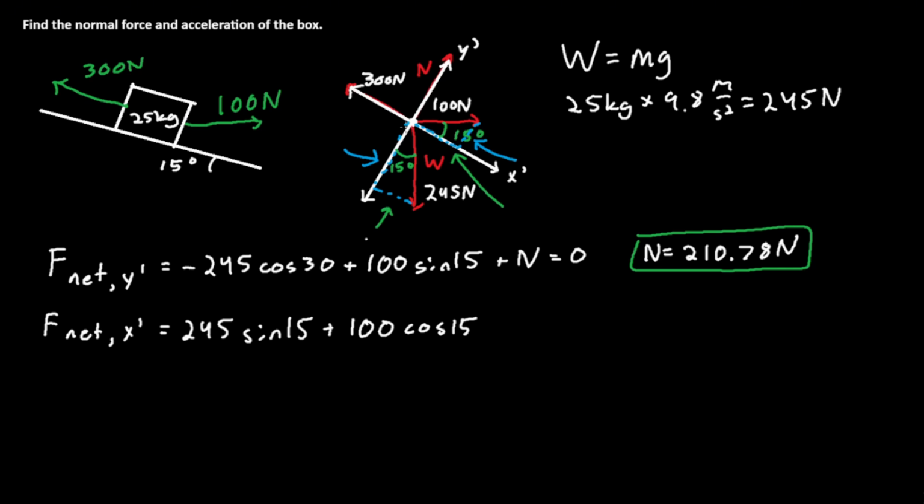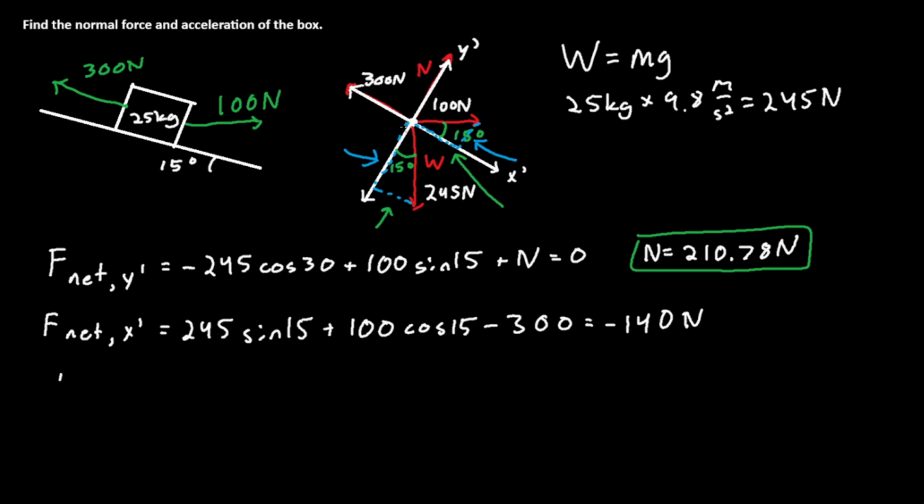And we also have the 300 newtons going in this direction here, which is negative. This is the positive x prime direction, this is the negative x prime direction. So we do minus 300. So our total net force, putting these all into a calculator, is approximately negative 140 newtons.